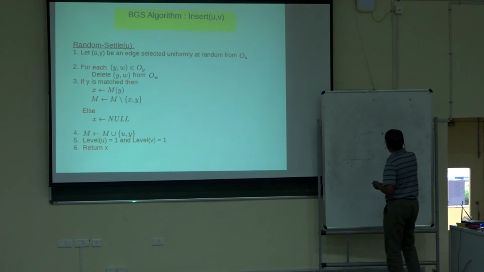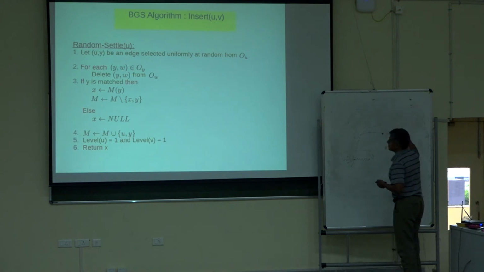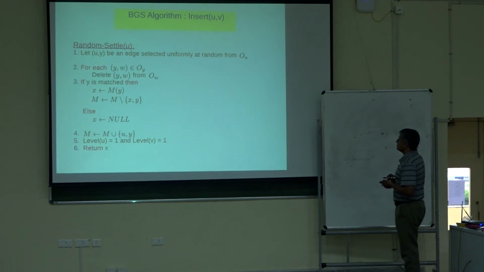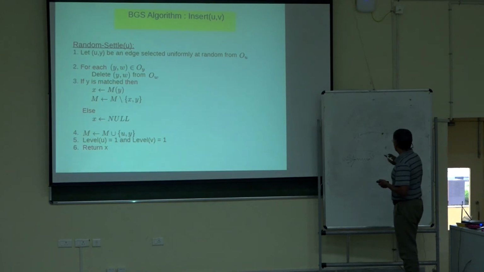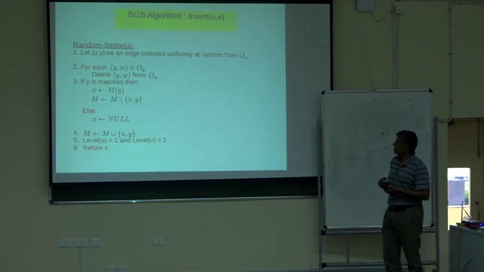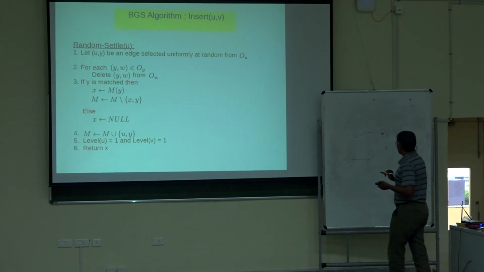So this y could have already been matched to someone, and y goes to level 1, so y is at level 0.